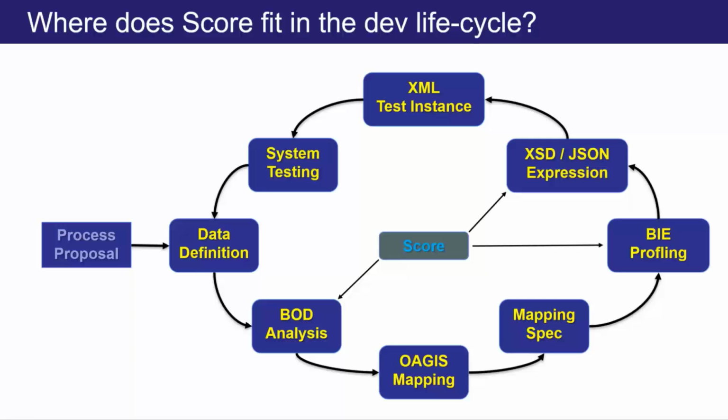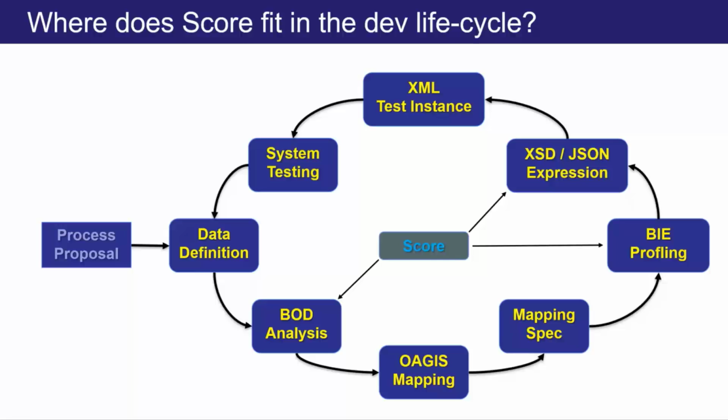Now, SCORE fits really well into the middle of this for BOD analysis. So instead of opening up the OAGIS zip file that you can download from our website, and instead of going through all those folders and analyzing BODs that way or using our documentation, you can now open up SCORE and start profiling messages and analyzing the various BODs that exist with our product and our standard within SCORE.